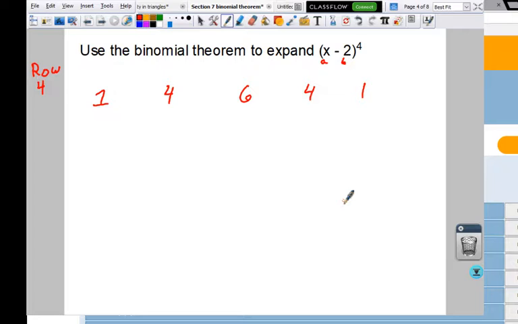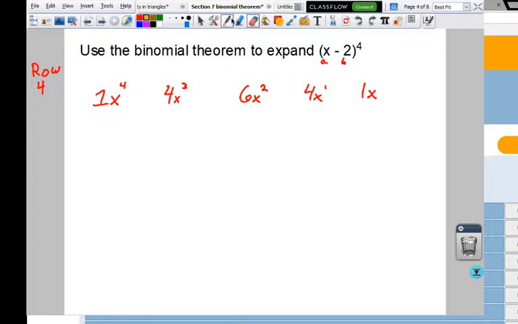So, binomial theorem says you start with the x in (x - 2). We're going to start with x with an exponent of 4, and it's going to count down. So I'm going to have x^4, x^3, x^2, x^1, x^0.